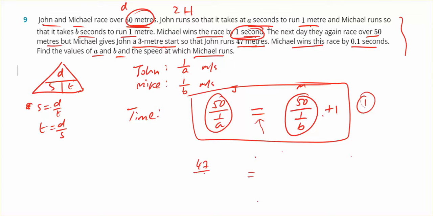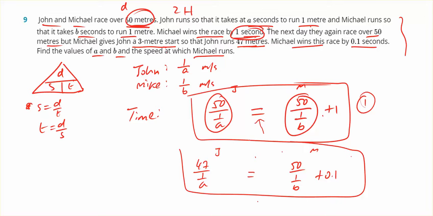Time is distance over speed, so 47 over 1 over A. And Michael's still running the full 50 meters, so 50 over 1 over B. Now, the relationship is that Michael still wins, but by only 0.1 of a second. So again, John is 0.1 slower, so I need to add 0.1 to Michael to make them equal. Okay. Now I've got two equations.